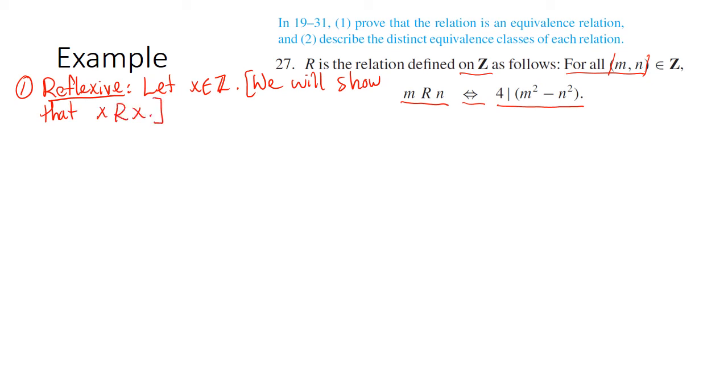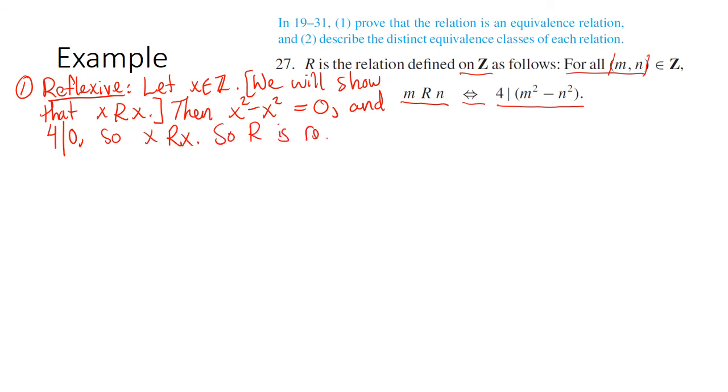Usually this is the easiest one. If I plug x in for both m and n, then I get x squared minus x squared, and that is 0, and 0 is divisible by every integer. So x squared minus x squared is 0, and 4 does divide 0, so x is related to itself. So that means that this relation is reflexive.